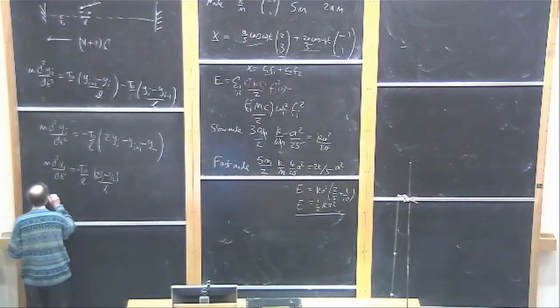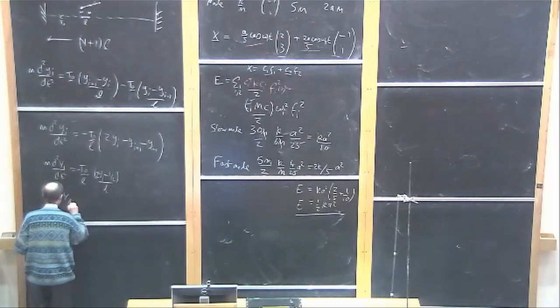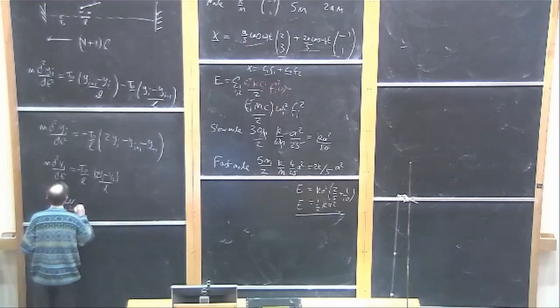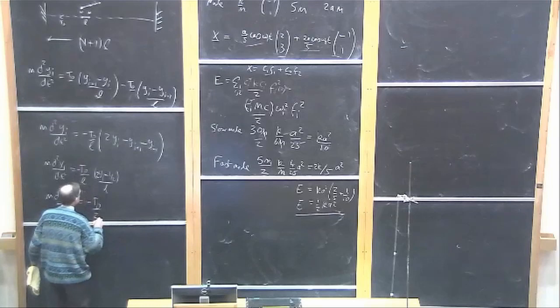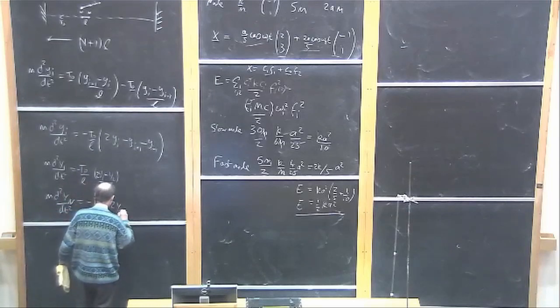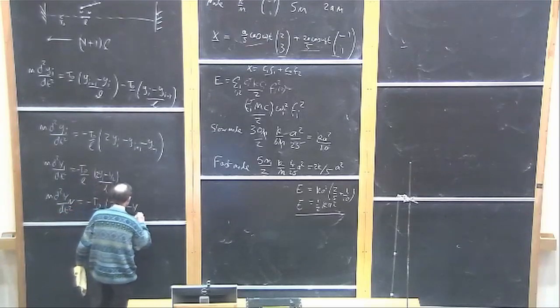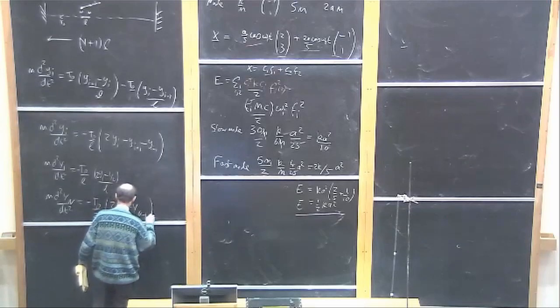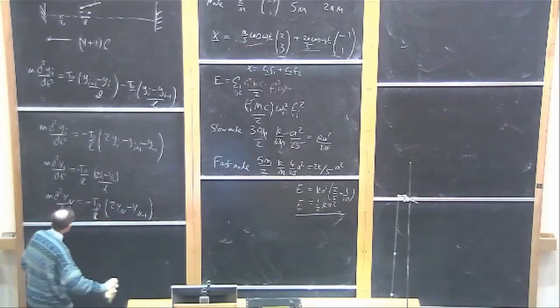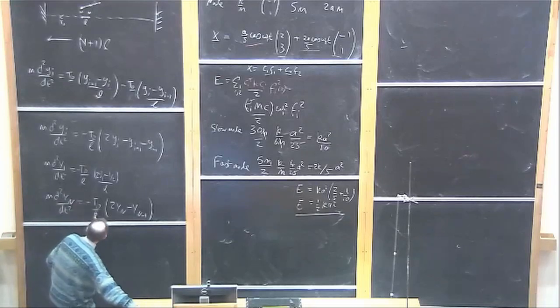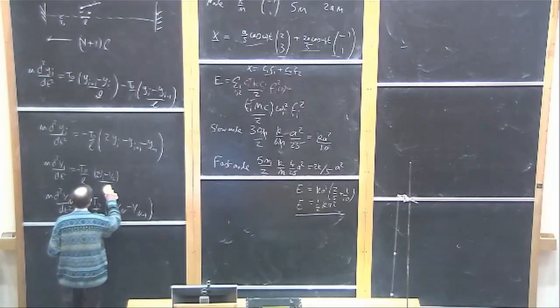And for m d2yn by dt squared, we get effectively the equation of motion that we had before for y2, 2yn minus yn minus 1. And I've written the L's twice again.